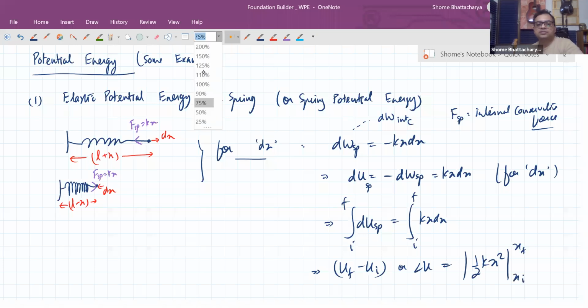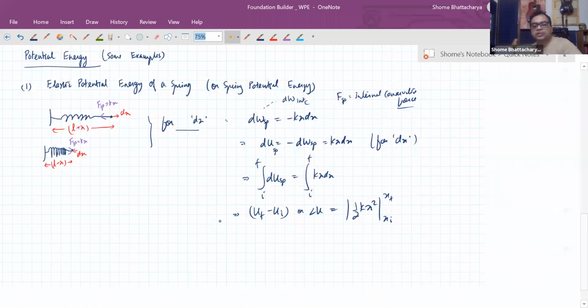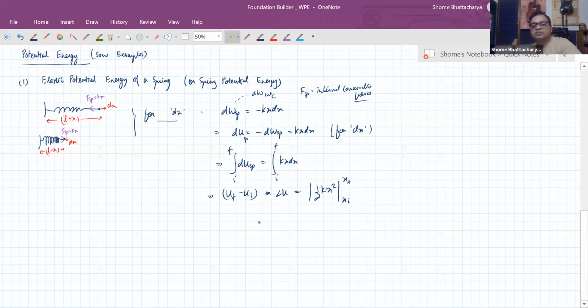So that now gives us the special formula for potential energy of the spring: U final minus U initial is half k x final square minus half k x initial square. So absolute potential energy can be given by the formula half kx square. So this simply becomes the formula of the spring potential energy.